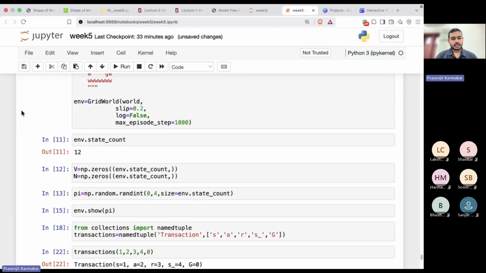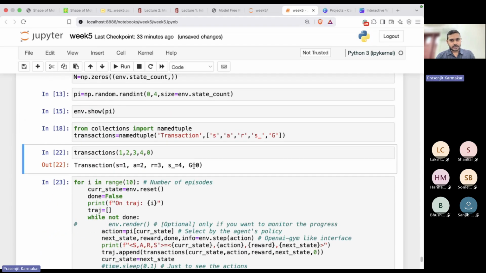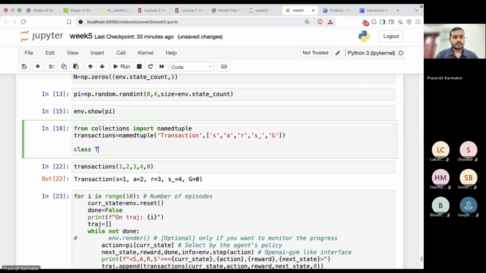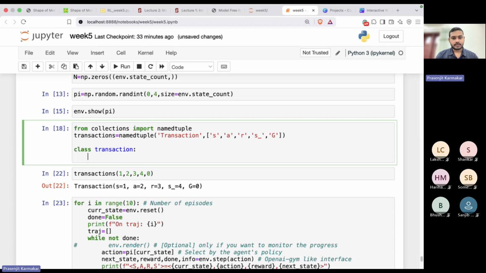Oh, sorry. Let's not use the transaction class then, because we cannot update this value. We will use a data class or any class, let's say. Class Transaction. It has init: self, s, a, r, s prime, g.